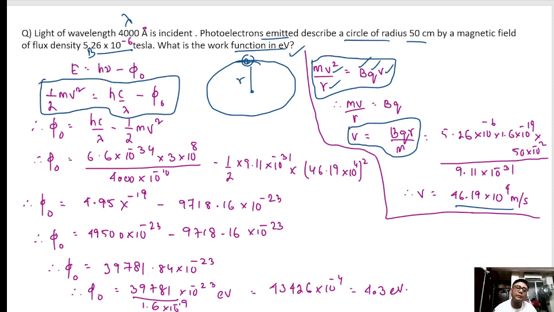So from here the velocity I know. This phi naught, I will separate the phi naught. Now put all the values h, c, lambda, 1 by, this is the m, and this is the v square. So putting and calculating, we get this is the work function of the photoelectrons.